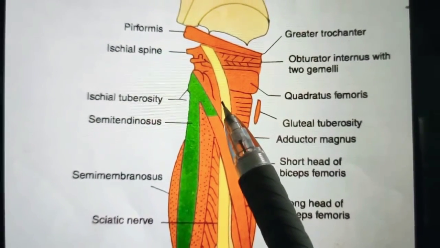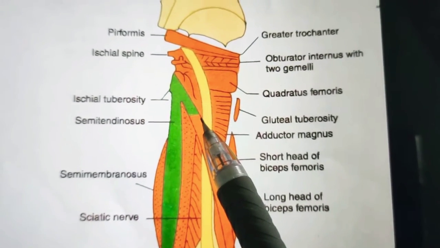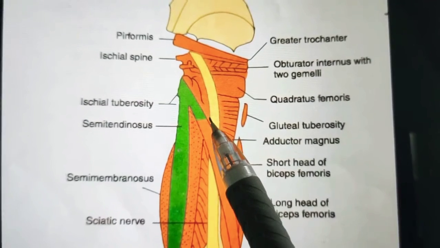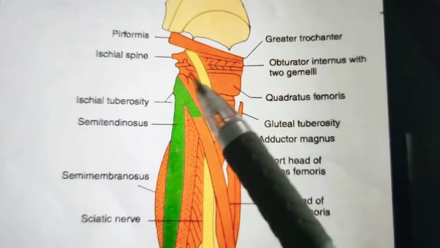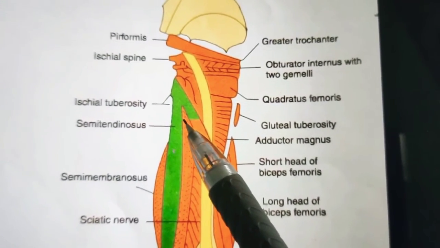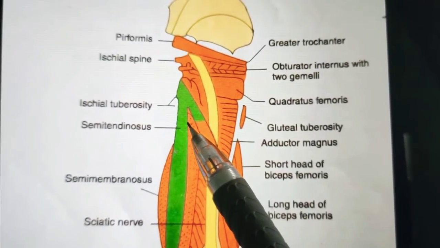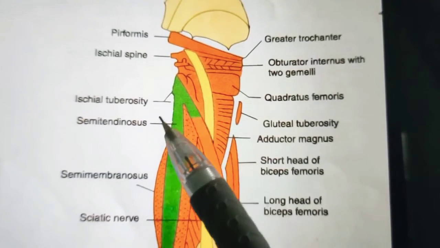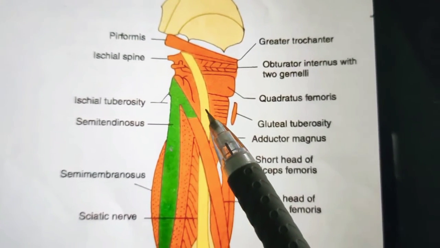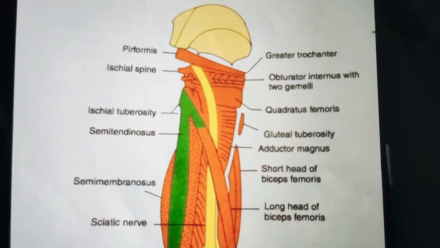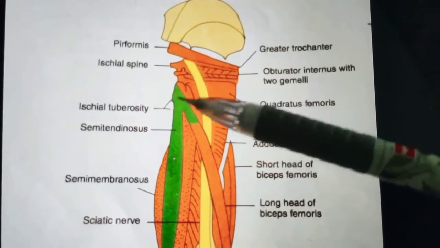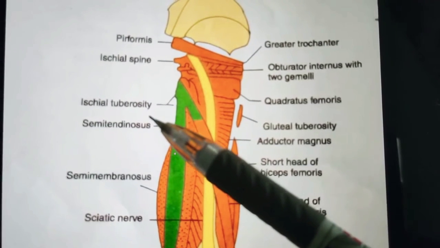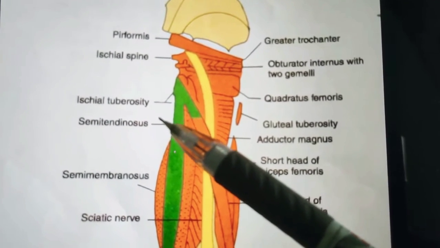It has relations superficially, or posteriorly, with the gluteus maximus muscle, and sometimes the posterior cutaneous nerve of the thigh is also present. Deep, or anteriorly, it has the body of the ischium and the nerve to quadratus femoris.